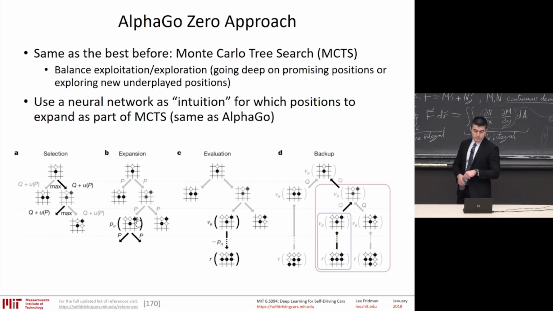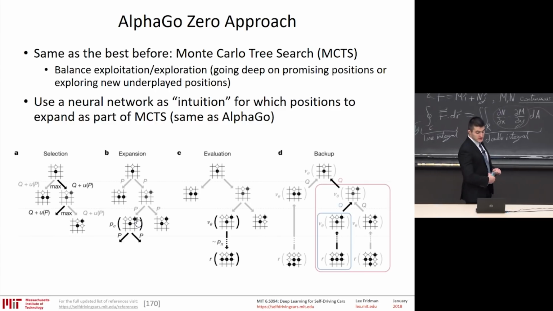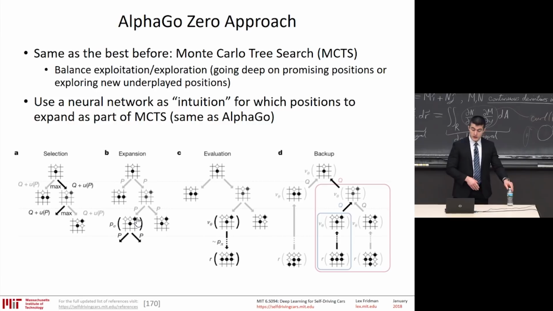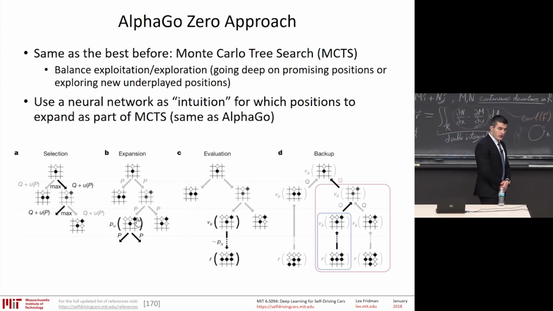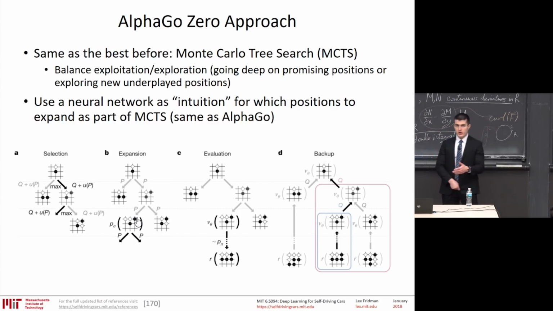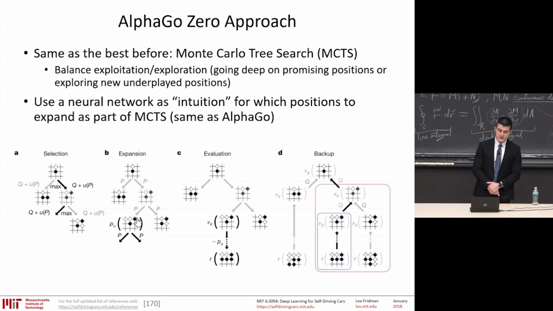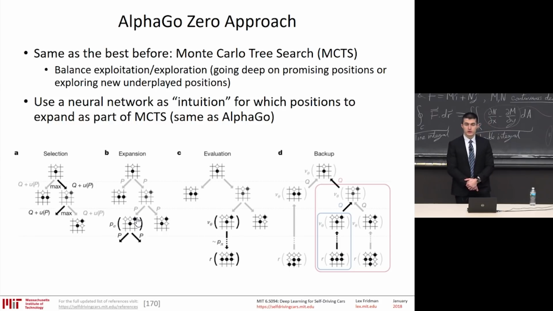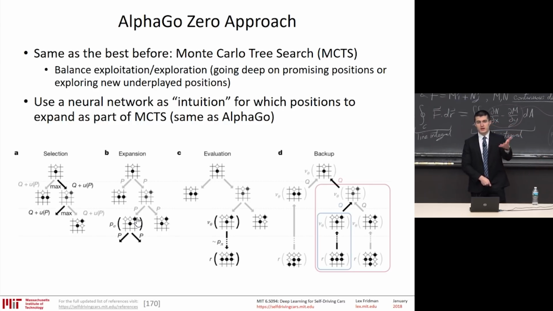So how does it work? All of these approaches, much like the previous ones, the traditional ones that are not based on deep learning, are using Monte Carlo tree search, MCTS, which is when you have such a large state space, you start at a board and you play and you choose moves with some exploration, balancing choosing to explore totally new positions or to go deep on the positions you know are good until the bottom of the game is reached, until the final state is reached, and then you backpropagate the quality of the choices you made leading to that position.